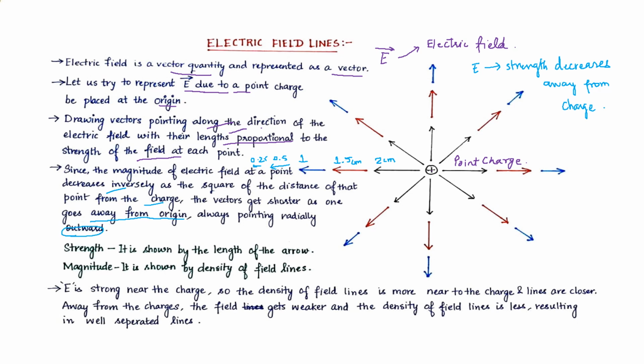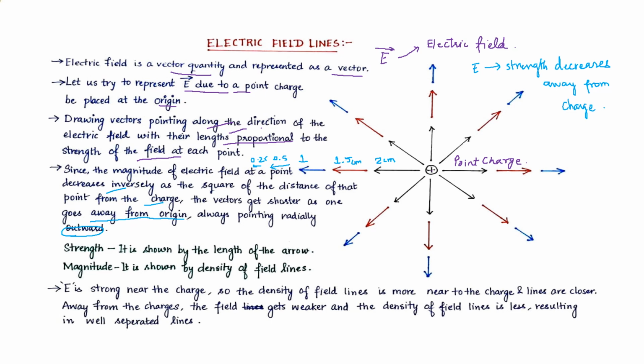This is a defining property of our electric field. It is radial in nature, and as the charge is positive, the lines go outwards. In the next slide, we will see the electric field line properties when our point charge is positive and when it is negative.